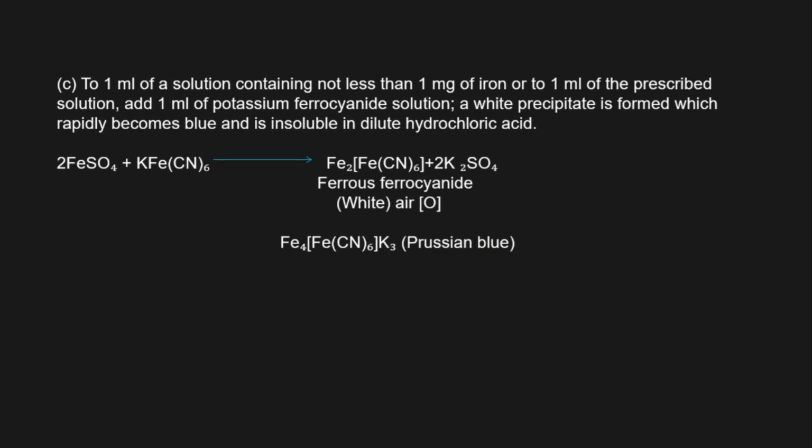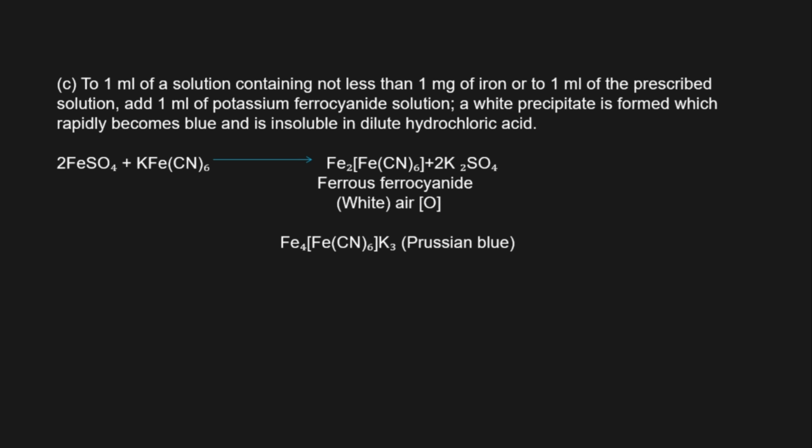The third method for identification of ferrous ion is to take 1 ml of solution containing not less than 1 mg of iron, or 1 ml of the prescribed solution, and add 1 ml of potassium ferrocyanide solution. A white precipitate is formed which rapidly becomes blue and is insoluble in dilute hydrochloric acid.